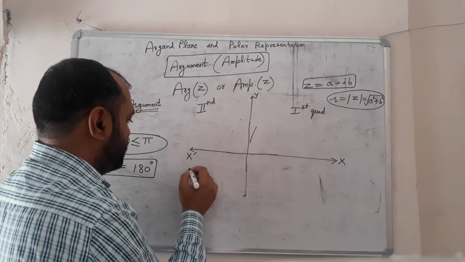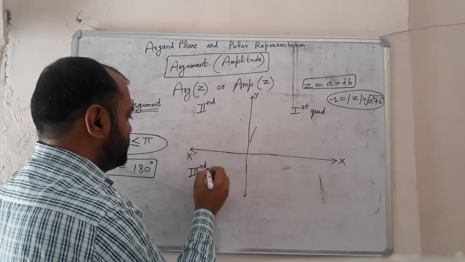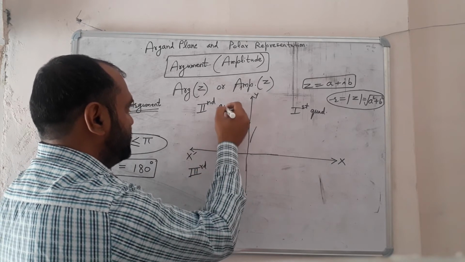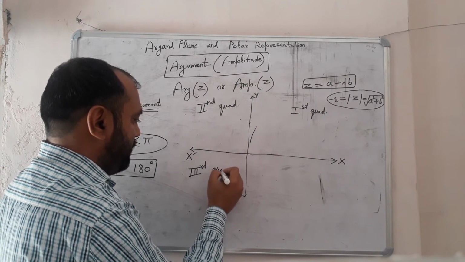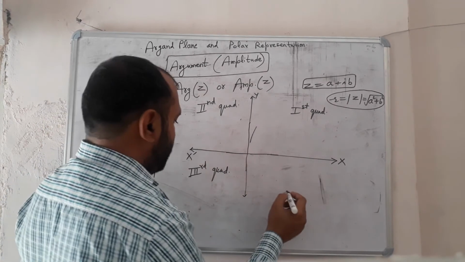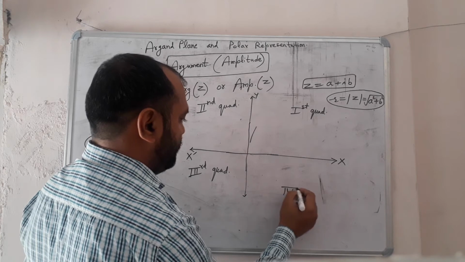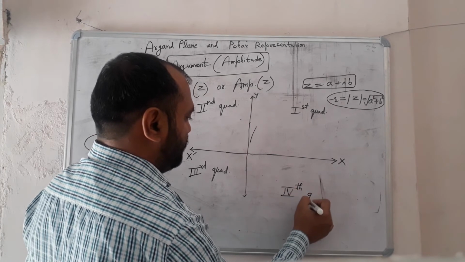So these are the quadrants: second quadrant, third quadrant, and this is the fourth quadrant.